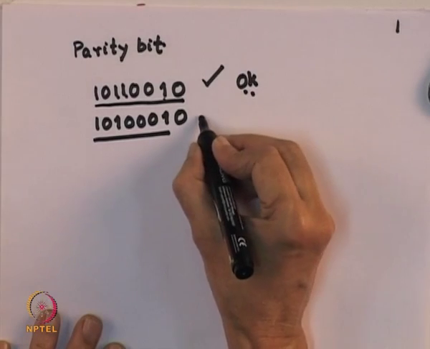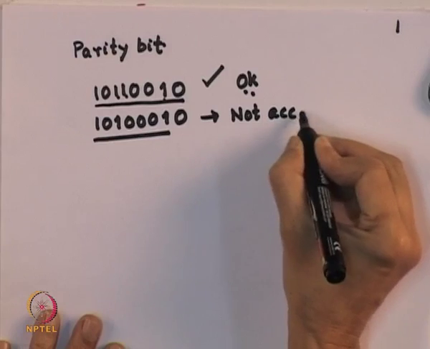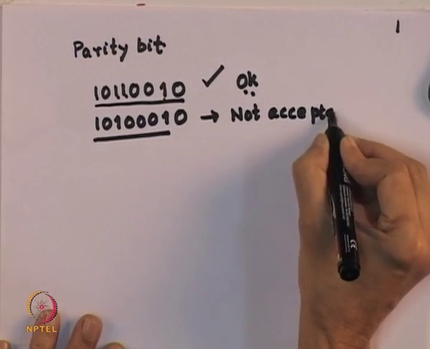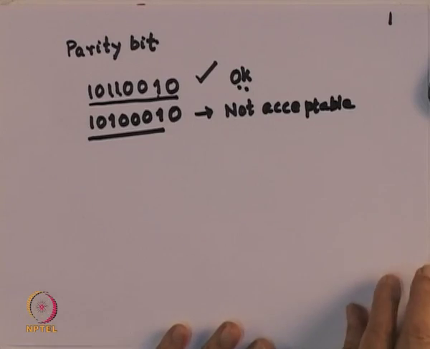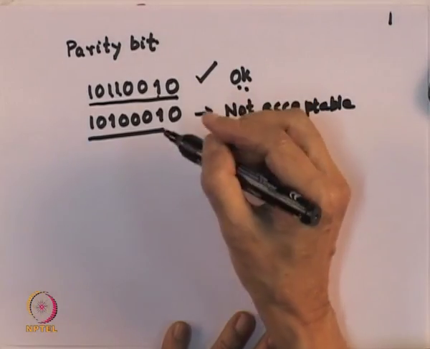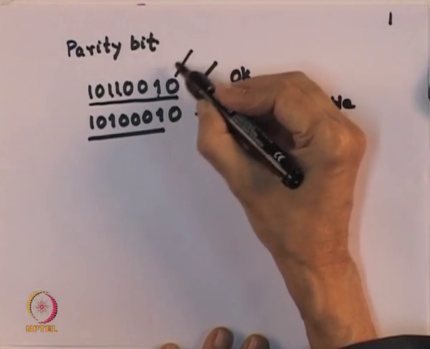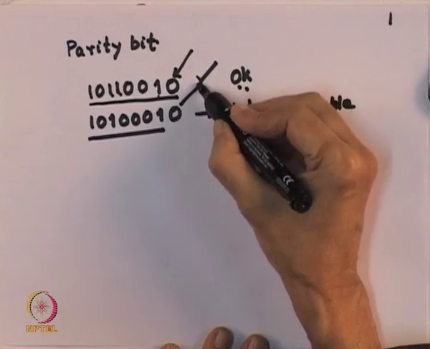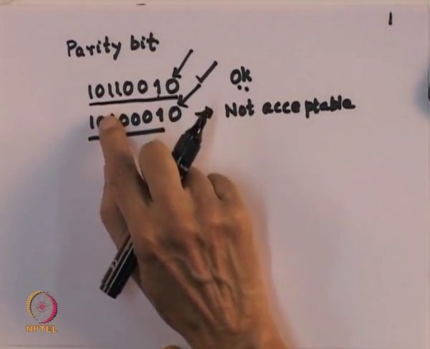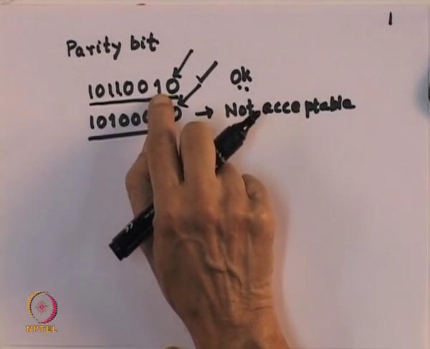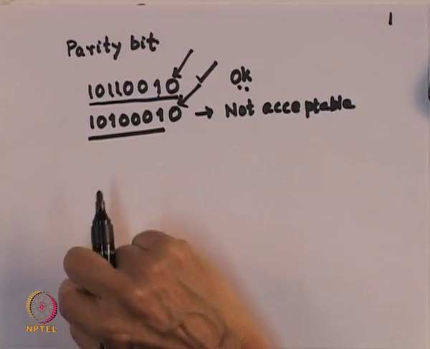So this is not acceptable. Now, in this example, the parity bit which is added at the end happens to be 0, because the word up to this point already has 4 ones in it.